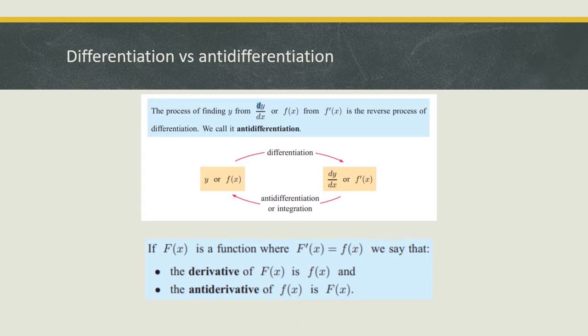As you can see in the cycle over here, you use differentiation to find the derivative of f of x or f prime of x, and then you use anti-differentiation or integration to find the original function. So over here you can see a cycle where one can be used to find the other.